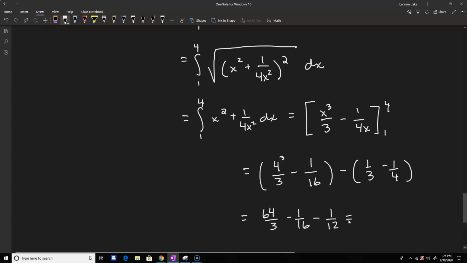Then just some simplification to figure out what that fraction is. It looks like 48 is going to be the common denominator. So this comes out to 1017 over 48, or about 22.2 if you round to 1 decimal place.